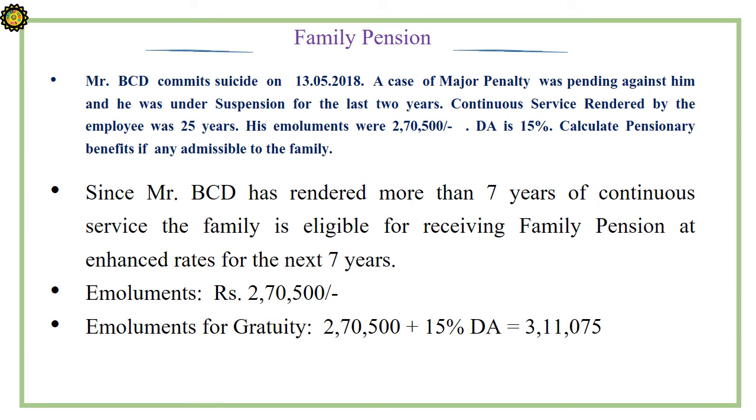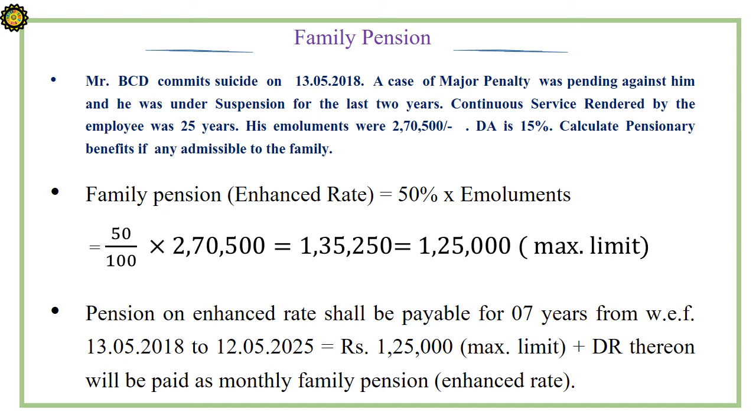Since Mr. BCD has rendered more than 7 years of continuous service, the family is eligible for receiving family pension at enhanced rates for the next 7 years. So the emoluments were rupees 2,70,500 and emoluments for gratuity: 2,70,500 plus 15% DA, that is 3,11,075. So the family pension at enhanced rate is 50% of emoluments and it comes out to be 1,35,250.